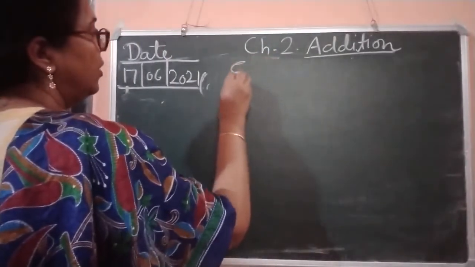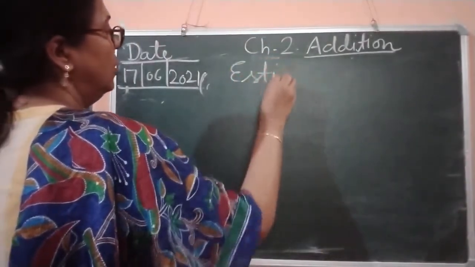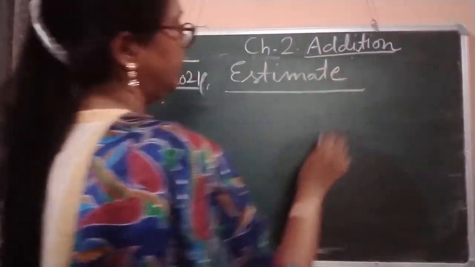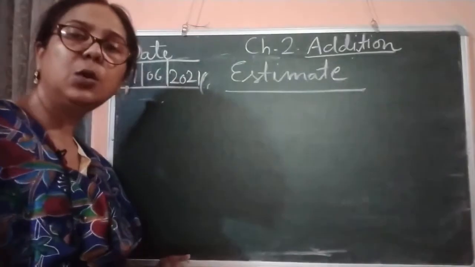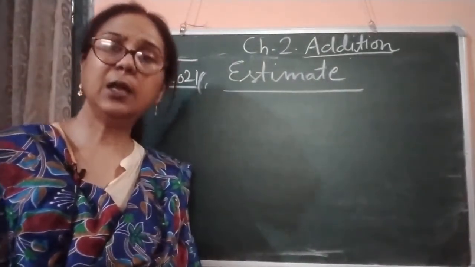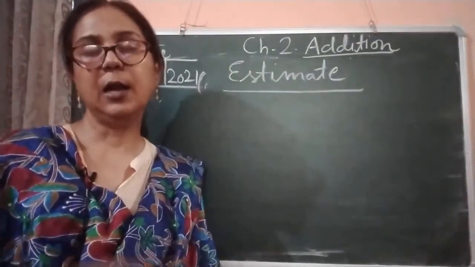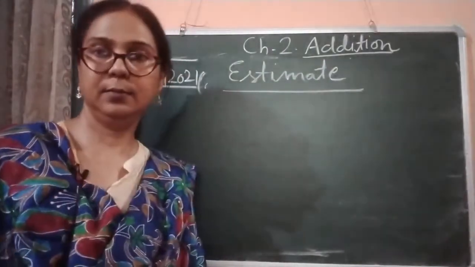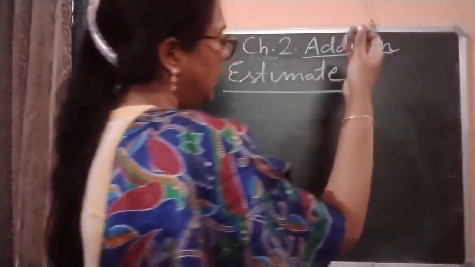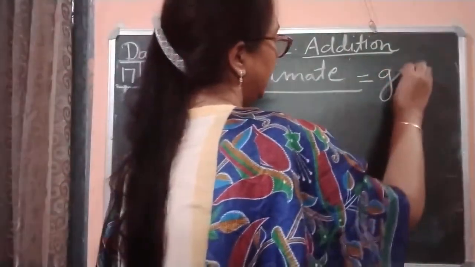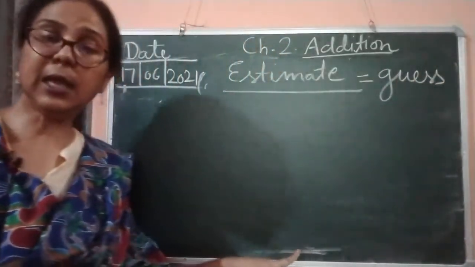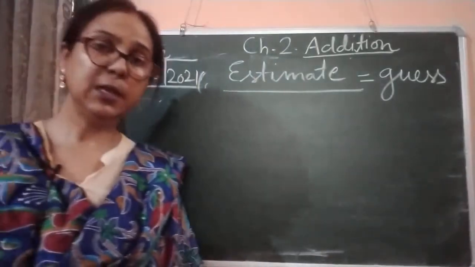First of all, we should know what is the meaning of estimate. Estimate means to guess, to put a figure that it will be around this much. So that is called estimating.